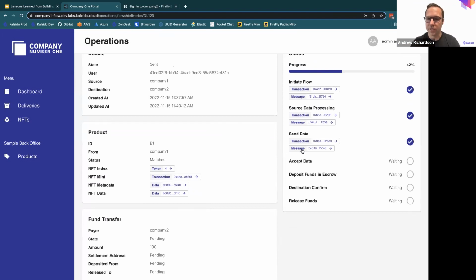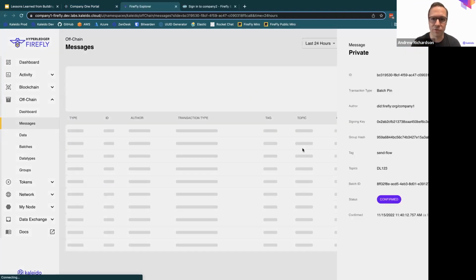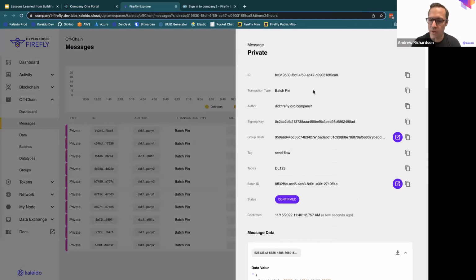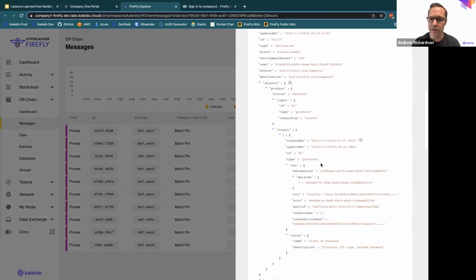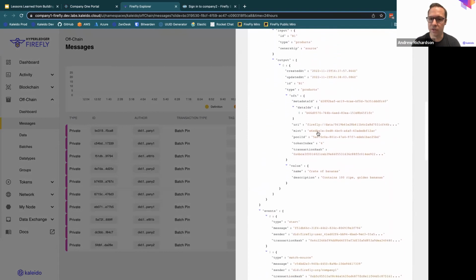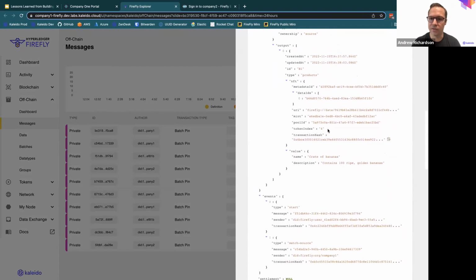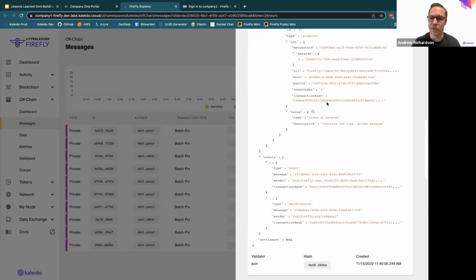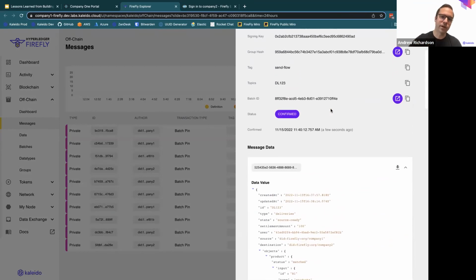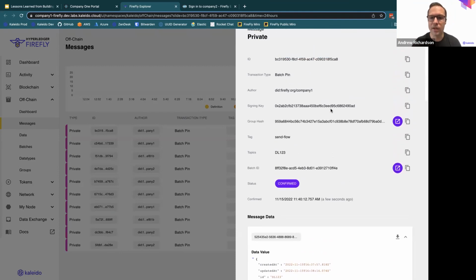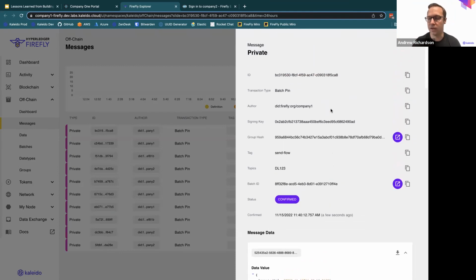So this, I can click through here and see in the Hyperledger FireFly UI. We call it a pinned private message because the actual data, here is all the data about this shipping flow, the product that's being sent, the NFT that maps to it, the events that have happened so far. It's exchanging this all directly over to company 2, but it's putting a hash of this data on the blockchain. So all the other members of the network can see the hash.